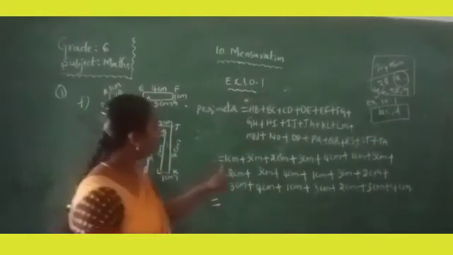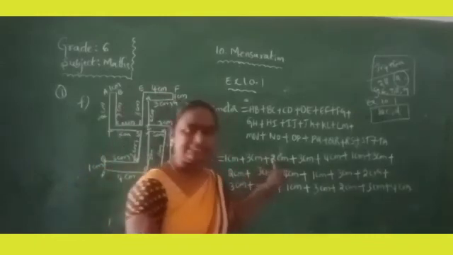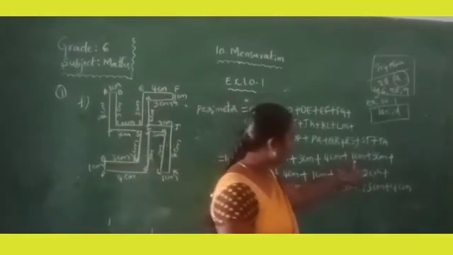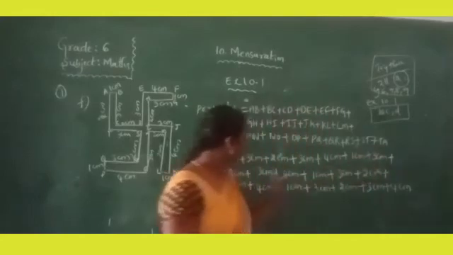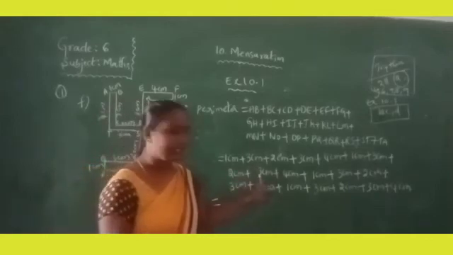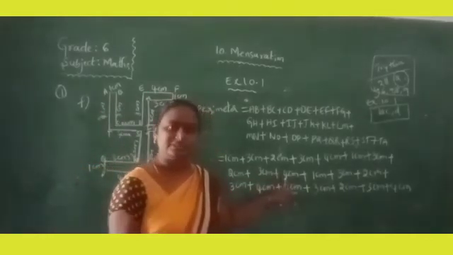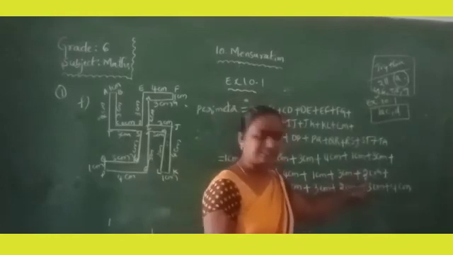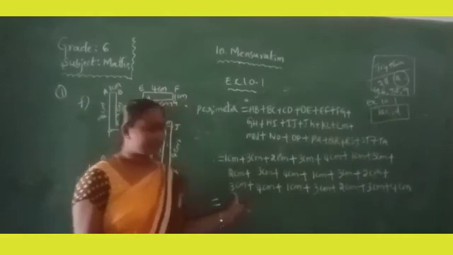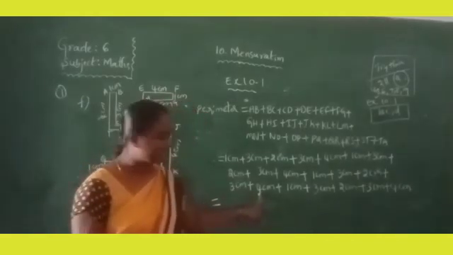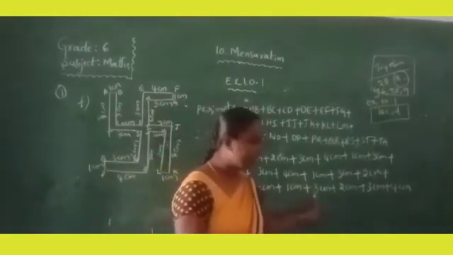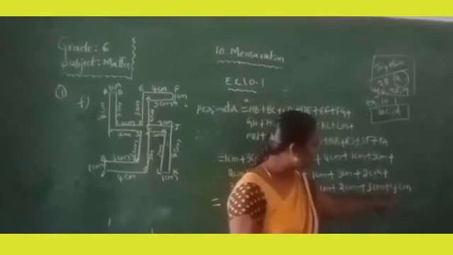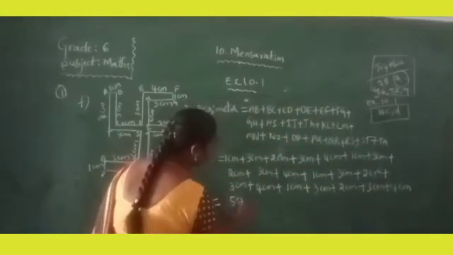Now add all this. 1 plus 3 is 4, plus 2 is 6, plus 3 is 9, plus 4 is 13, plus 1 is 14, plus 3 is 17, plus 2 is 19, plus 3 is 22, plus 4 is 26, plus 1 is 27, plus 3 is 30, plus 2 is 32, plus 3 is 35, plus 4 is 39, plus 1 is 40, plus 3 is 43, plus 2 is 45, plus 3 is 48, plus 4 is equal to 52 centimeters.